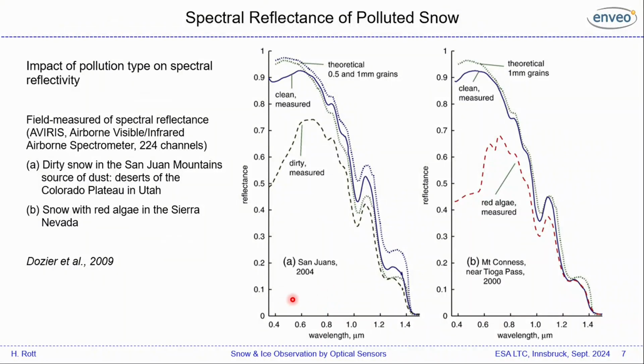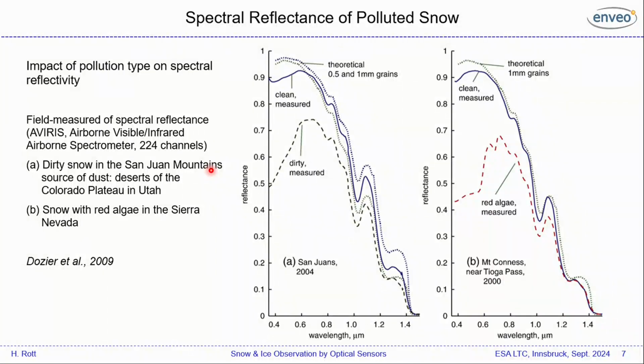This is an example of the impact of pollution on spectral reflectivity based on field measurements of spectral reflectance. They were made with AVIRIS, the Airborne Visible Infrared Imaging Spectrometer of NASA JPL, which has 224 channels. It shows, on one hand, dirty snow in the San Juan Mountains.